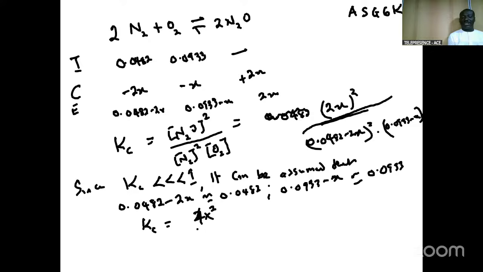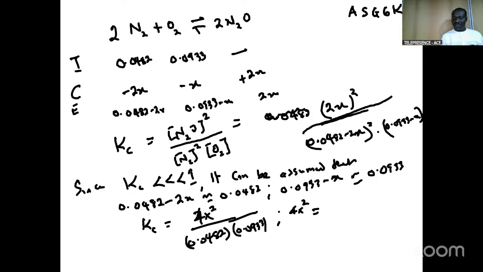Our objective is to get out what x is, divided by 0.0482 multiplied by 0.0933, such that 4x squared will simply equal the product of this multiplied by Kc that we have obtained previously. And let's see what it's going to give us.